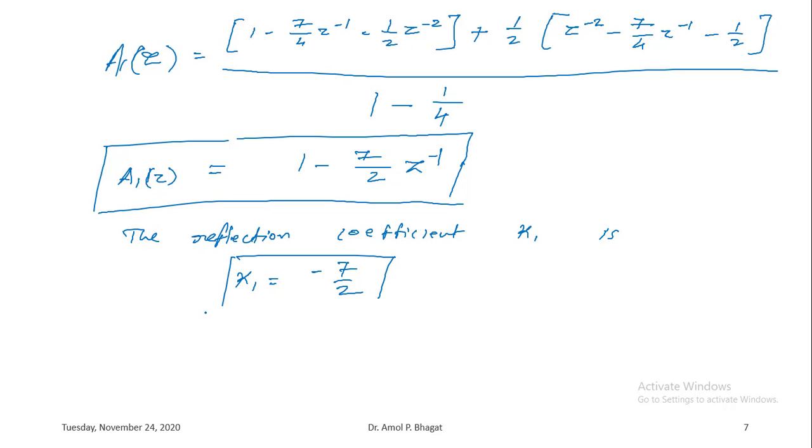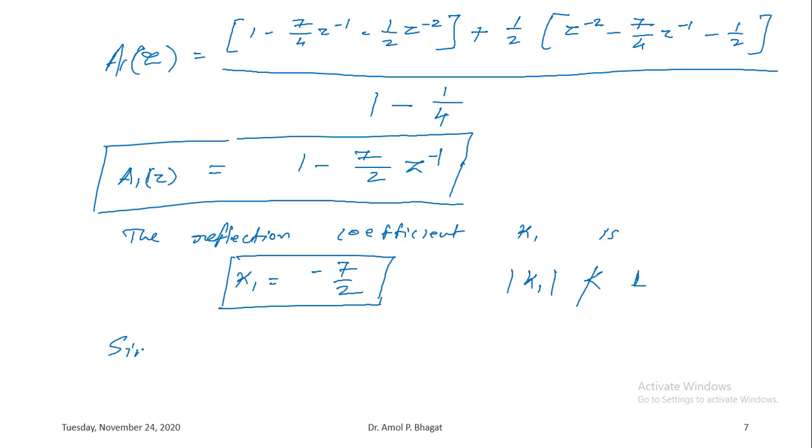So if you identify the relationship of this k1 with mod k1 less than 1, okay, if I'm taking the modulus of this minus 7 by 2, it will be 7 by 2. So mod k1 is not less than 1. Mod k1 is greater than 1.